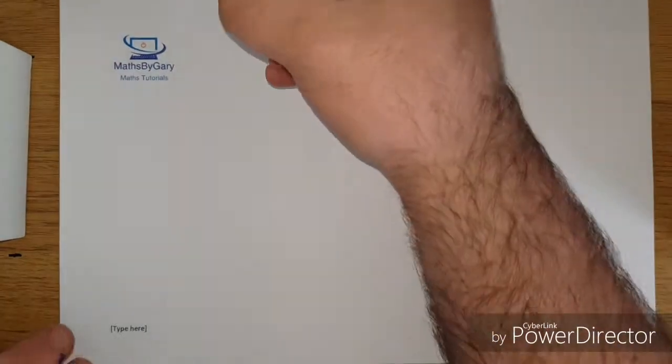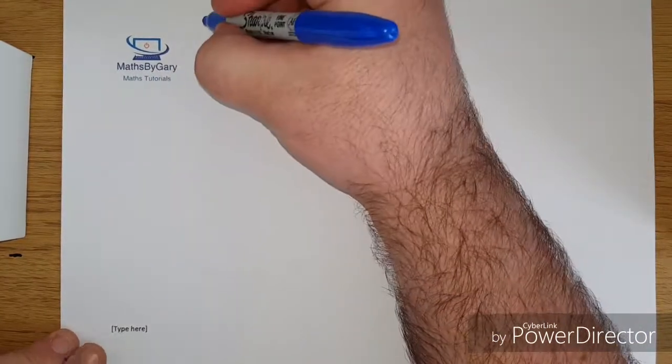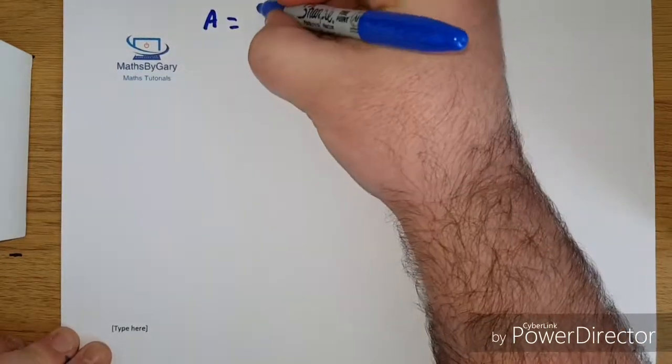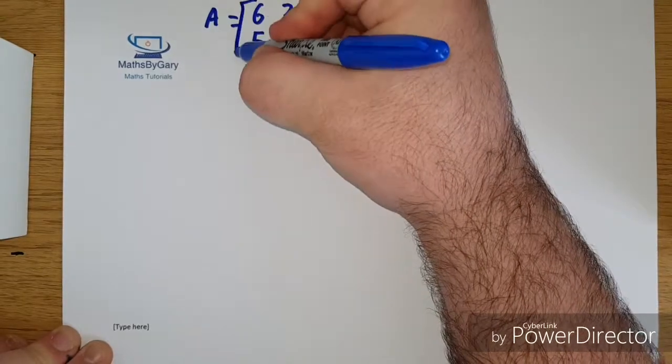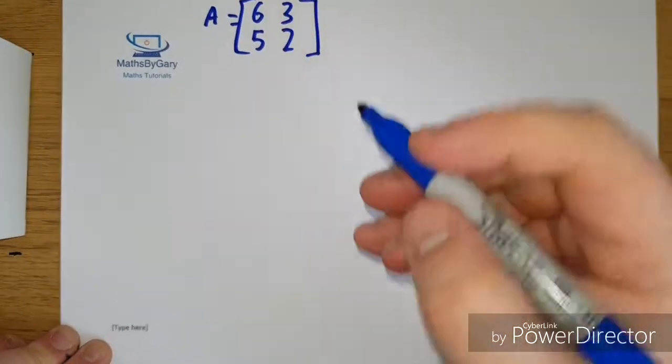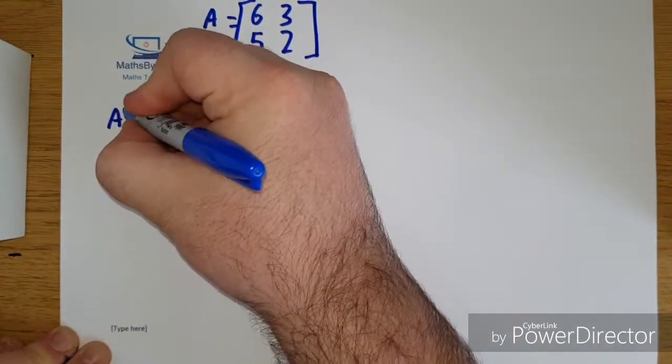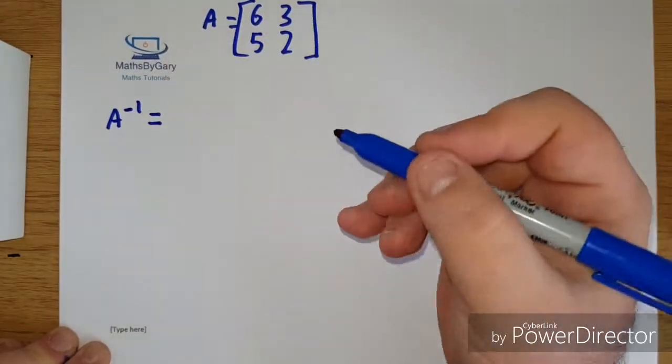So we'll go straight into an example, and I'll just write out matrix A. We'll take A to be 6, 3, 5 and 2. And again, what we want to do is work out A to the minus 1, so we want the inverse of this matrix.